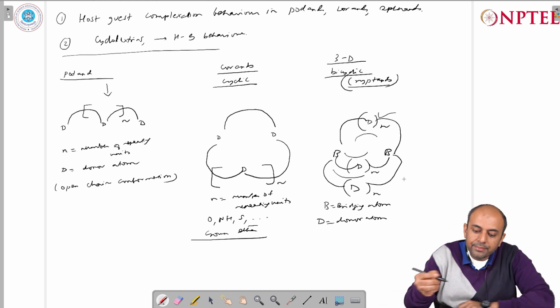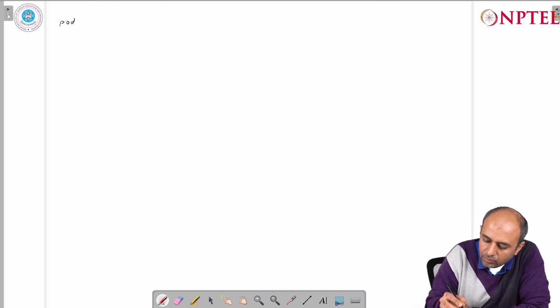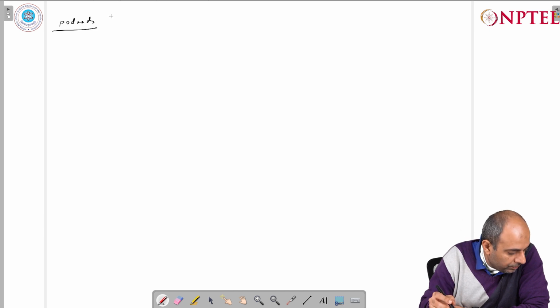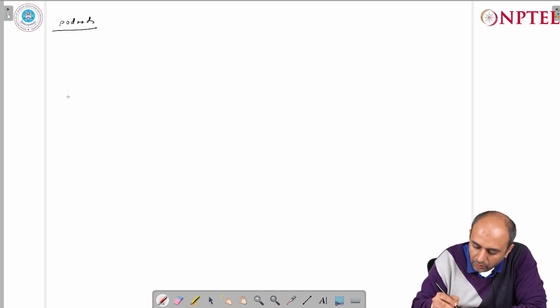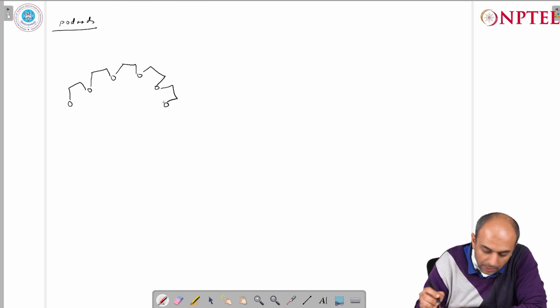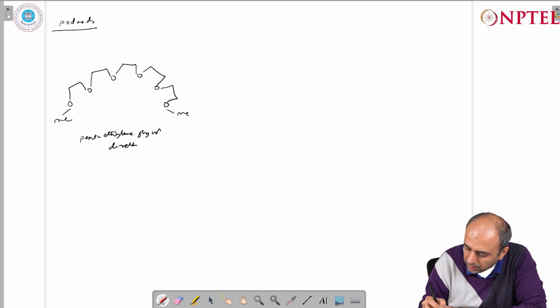Now let us take some specific examples of podands. As we see, a podand is characterized by open chain conformation. So we can have this particular podand which we call pentaethylene glycol dimethyl ether.